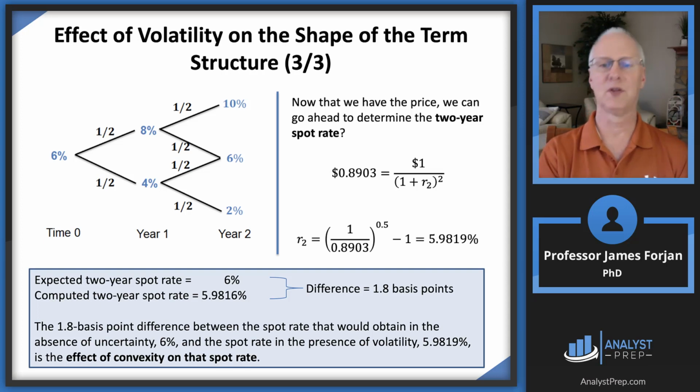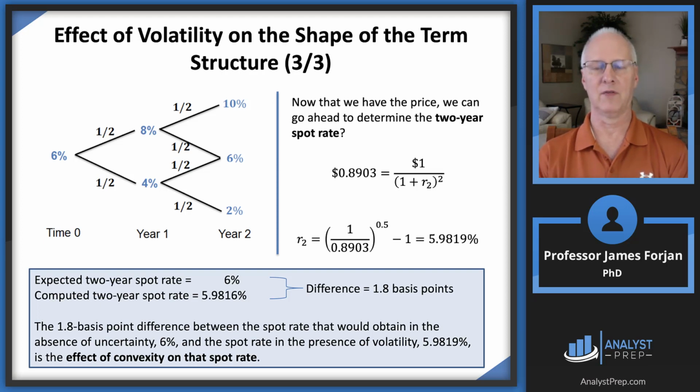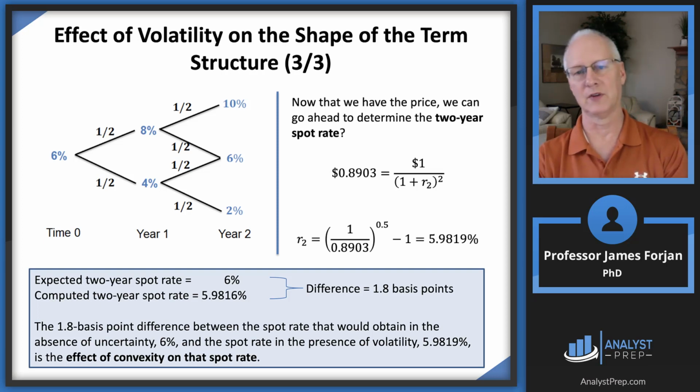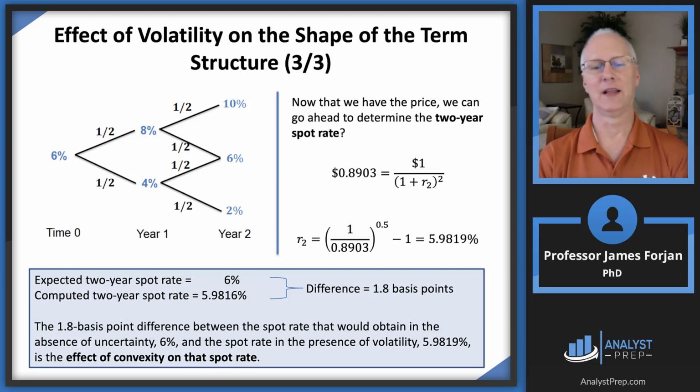So not 6%, it turns out to be 5.98 something percent. And that difference of the 1.8 basis points is going to be the difference in the prices with certainty and without certainty. And that can be summarized by the convexity at that point in the term structure.